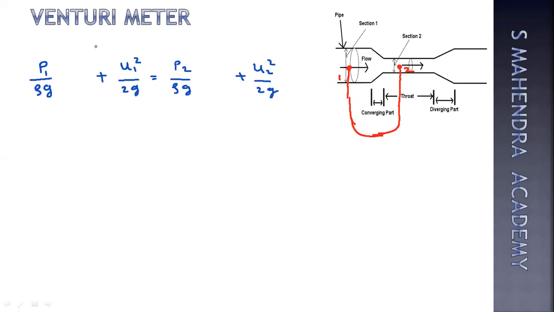By rearranging this equation, we will get P1 upon rho G minus P2 upon rho G is equal to U2 square upon 2G minus U1 square upon 2G.